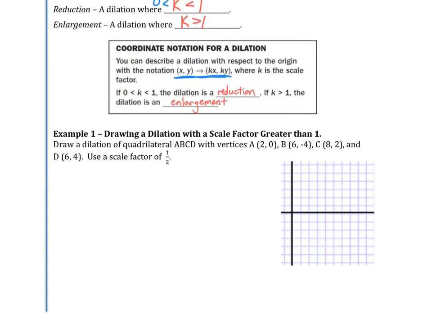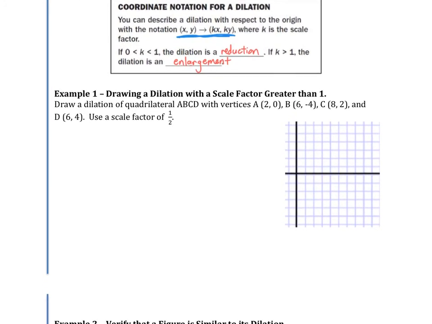Example 1. They tell us, draw a dilation of quadrilateral ABCD with vertices A, B, C, and D given. Use a scale factor of 1/2. So if we were to graph ABCD, A is at (2, 0). B is at (6, -4).